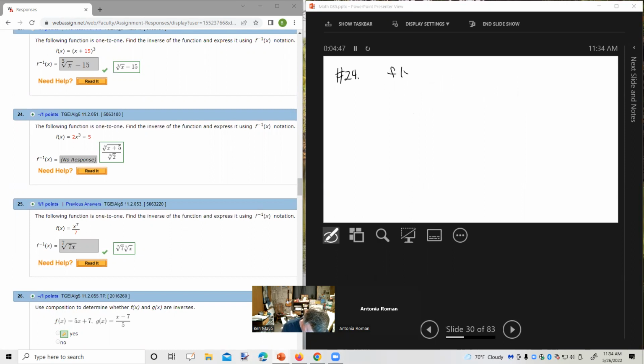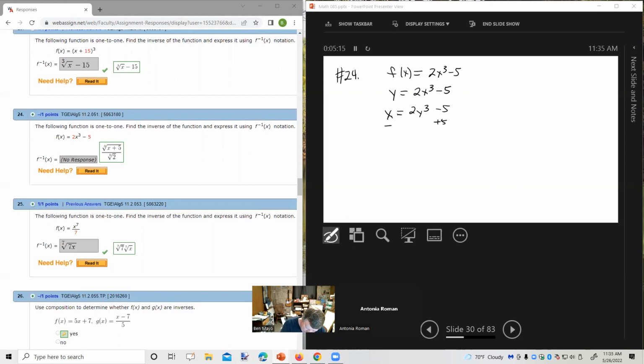So f of x equals 2x cubed minus 5. So step number 1, rewrite f of x using y. Step number 2, interchange all the x's and all the y's. Step number 3, solve for y.